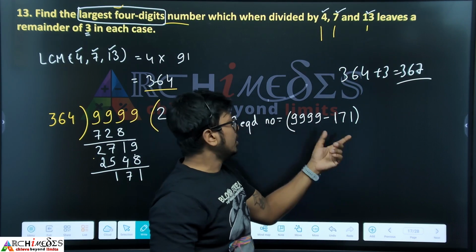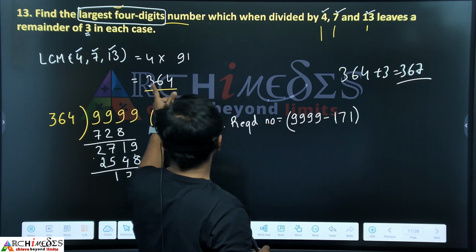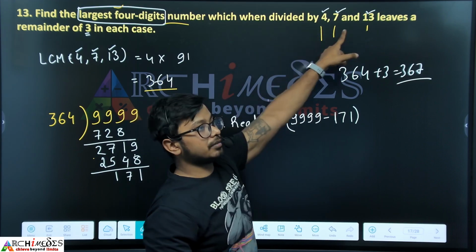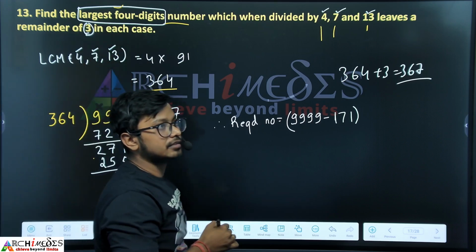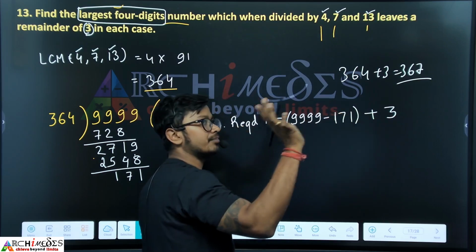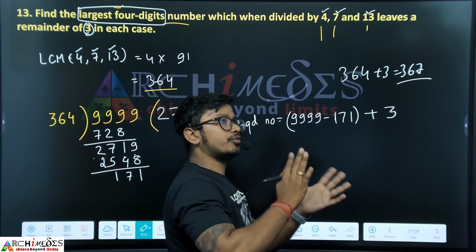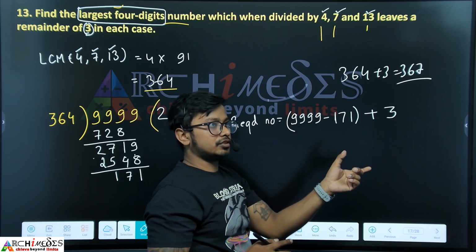Okay, now listen. This is exactly divisible by 364, so you are perfect on that. But you need the remainder. The remainder is the extra thing, so you should add that at last in the LCM process. While in the HCF process, we have to subtract because we need that number to be divisible.